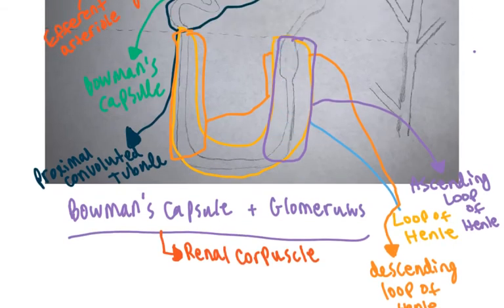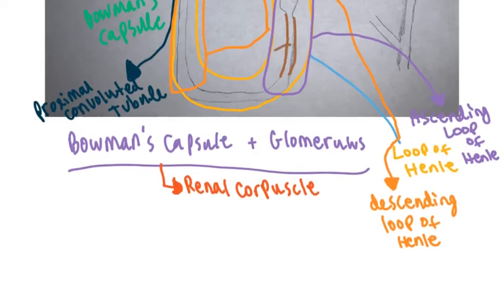In even more specific terms, we drew a little thick part here and a thin part here. Let's choose a different color. This part right here is going to be our thin ascending loop of Henle. So let's write that down. Thin ascending loop of Henle.